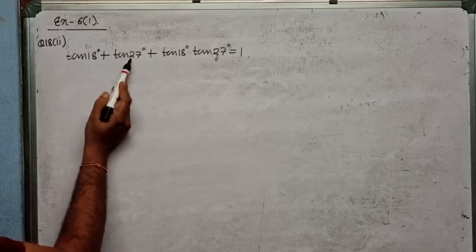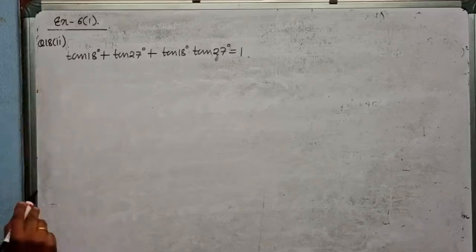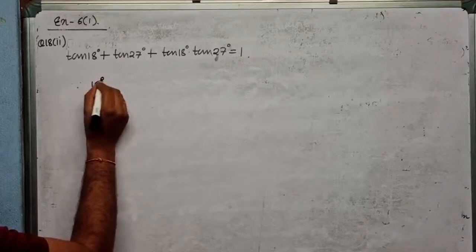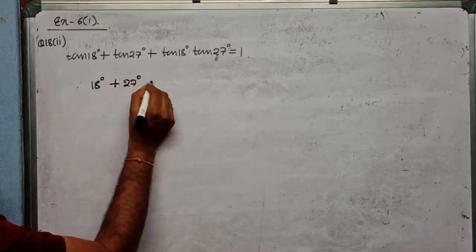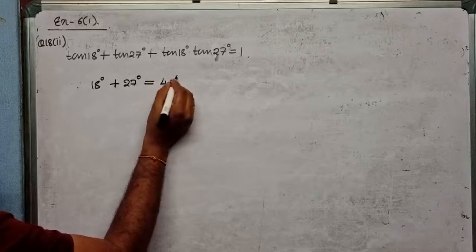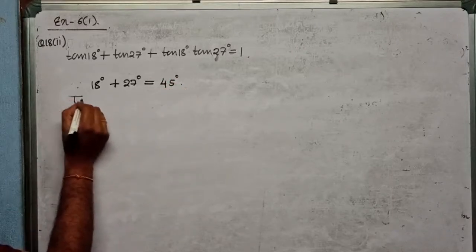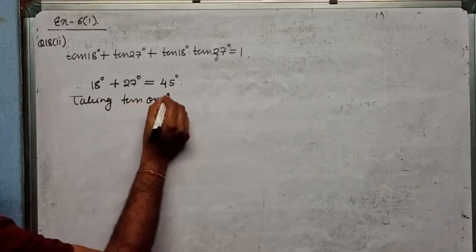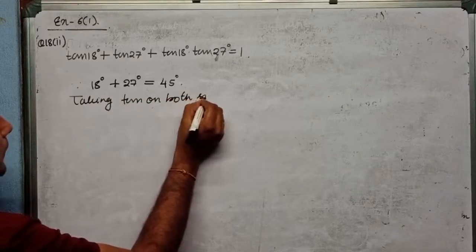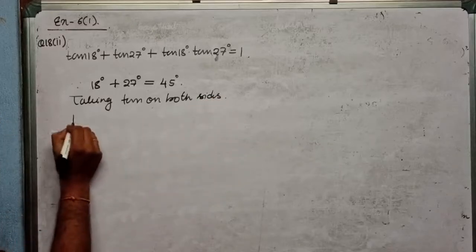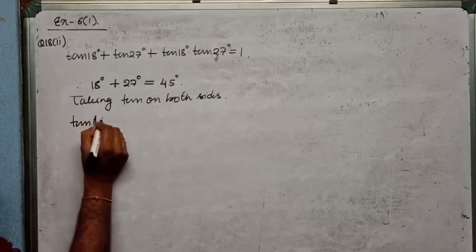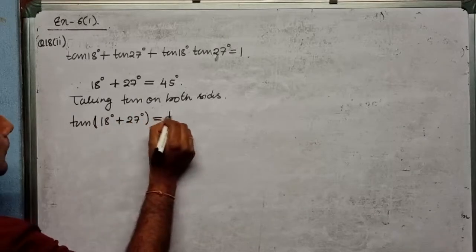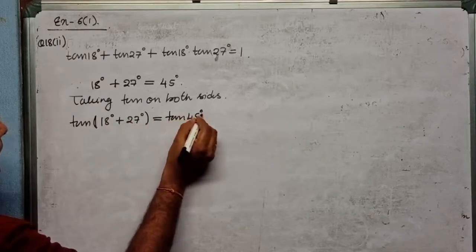Now, in this case, 27 plus 18 is 45, and 45 degree is a known trigonometric angle. So we can write, since 18 degree plus 27 degree equals 45 degree, then taking tan on both sides, tan 18 degree plus 27 degree equals tan 45 degree.